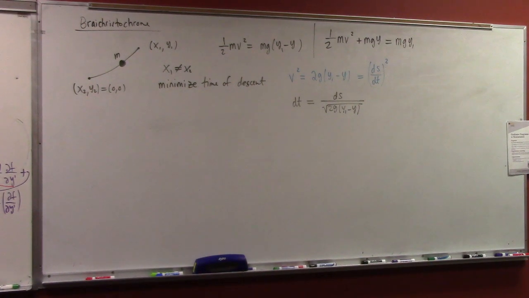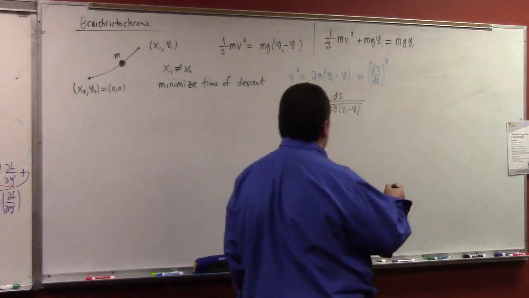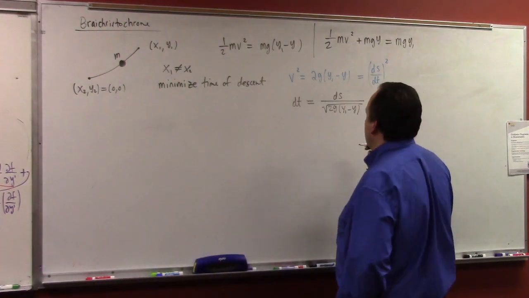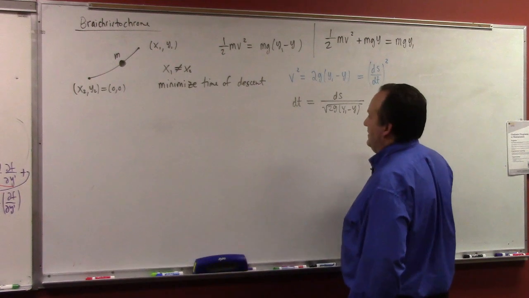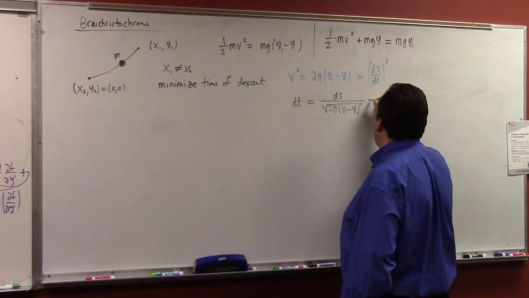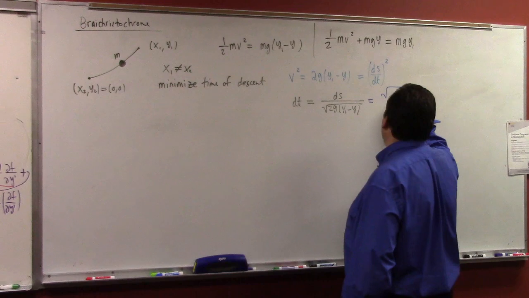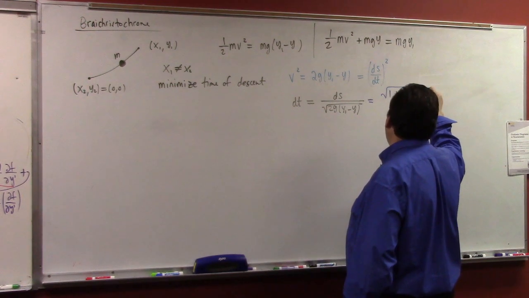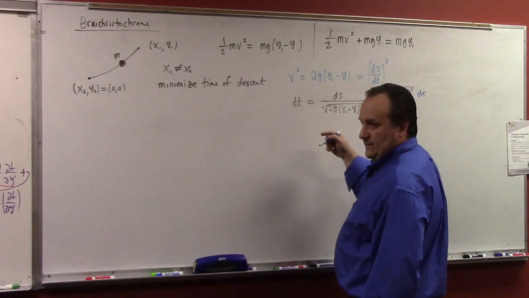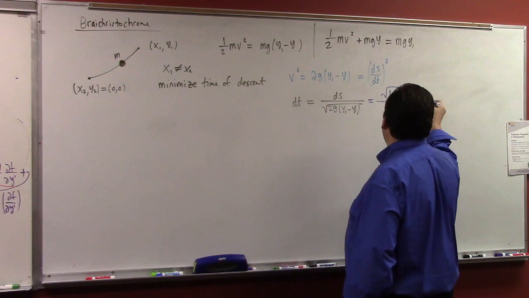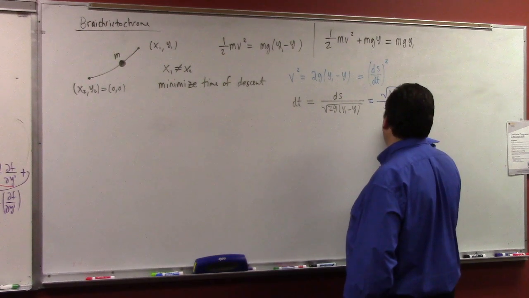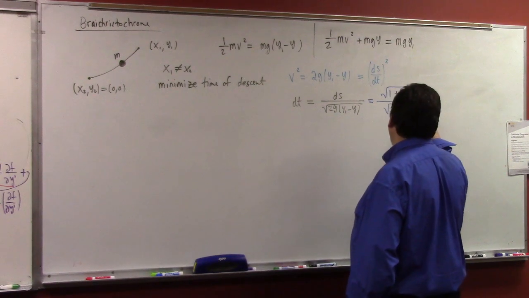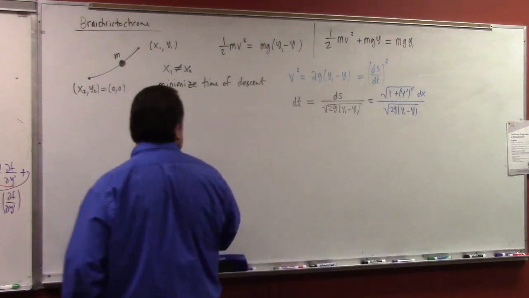And specifically, we can rewrite ds in terms of x, integrating over x, right? So you notice that ds is also the square root of 1 plus y prime squared dx. That's the formula for arc length in terms of x. All right, so great.